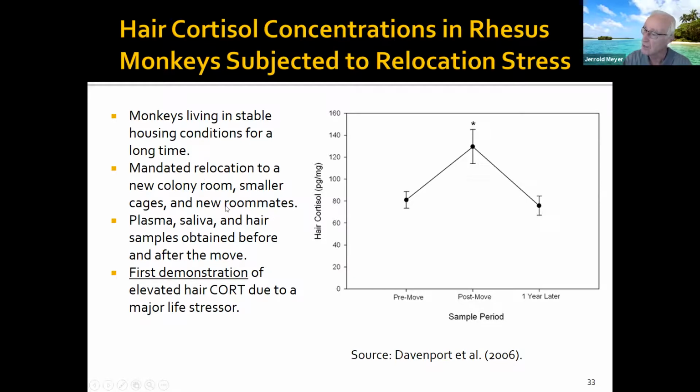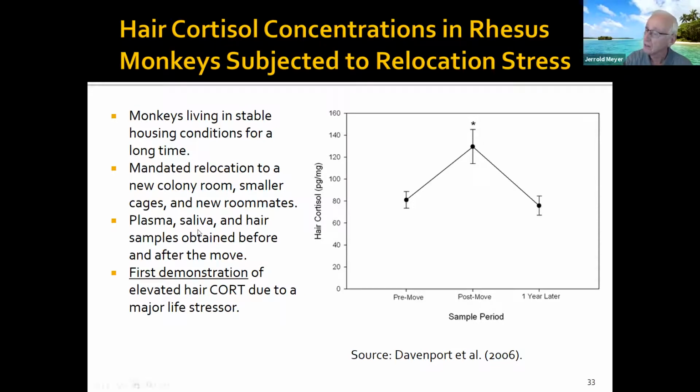The new building was going to have not only a different room, of course, but smaller cages, still a permissible size, since there are regulations on this, and also a lot of new roommates: animals that these animals were not familiar with, not part of the group that we were studying. And we thought that this move, this abrupt change, might be very stressful, and that the stress might continue for a substantial period of time.